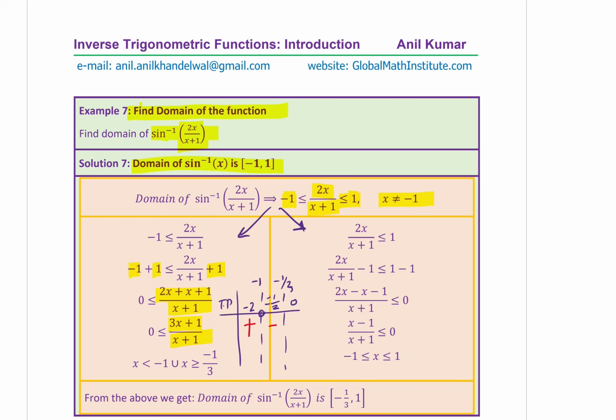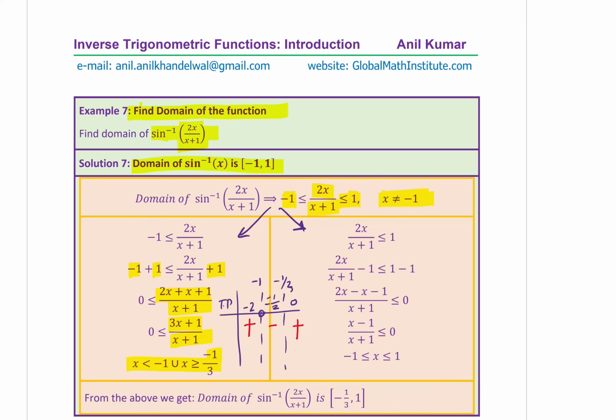But if I put a value which is greater than minus 1 over 3, for example 0, I get in this case a positive value. So clearly, the answer could be within these intervals where x is less than minus 1 or x is greater than or equal to minus 1 over 3. You cannot include minus 1 in your solution.